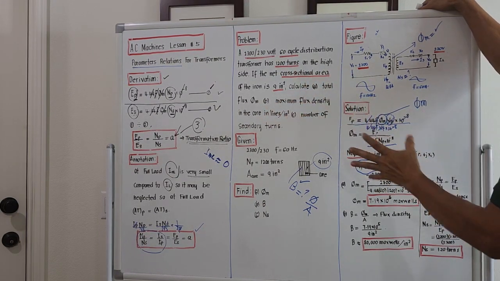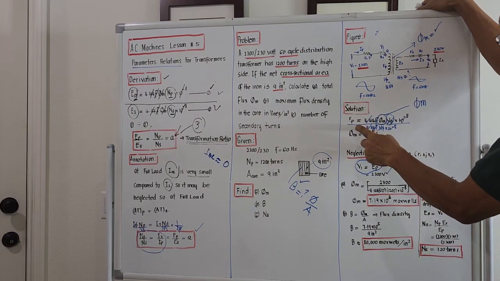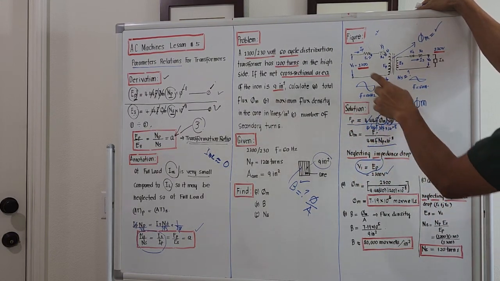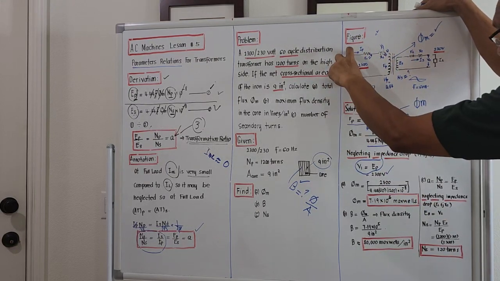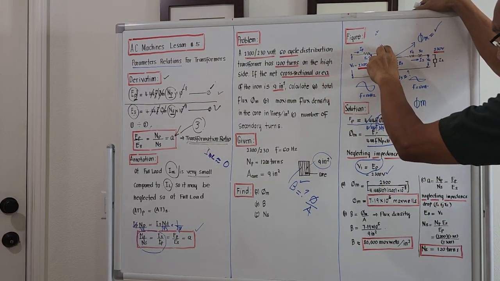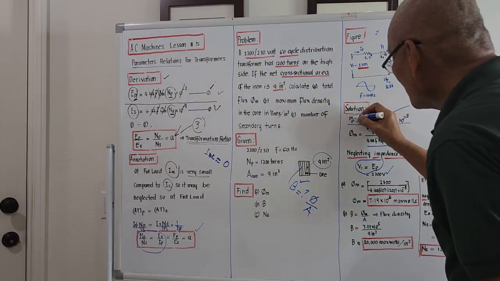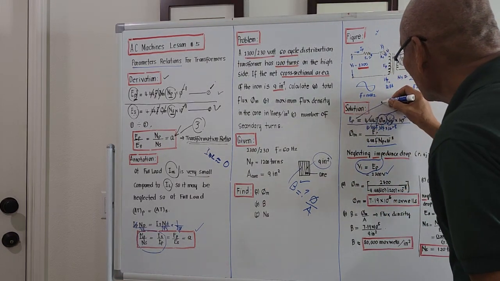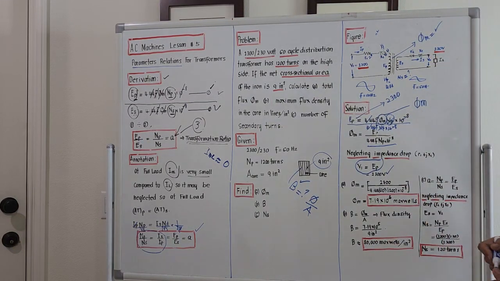So we are free to use 2300 in this equation, because if they are not the same, you could not put 2300 in here. Since we assume that R1 and X1 have no effect, the applied voltage should be equal to the induced voltage. So according to equation number 1, this EP you can write as 2300.